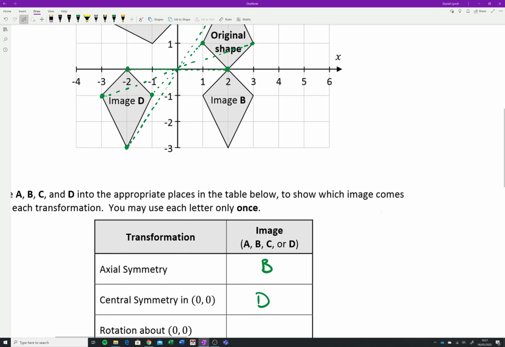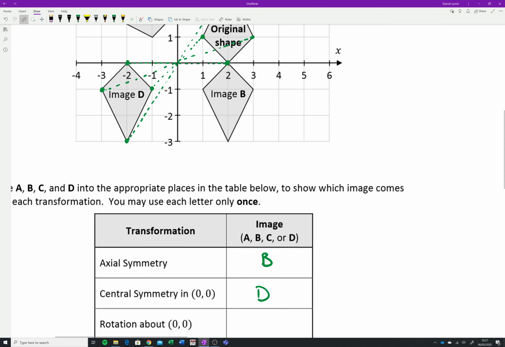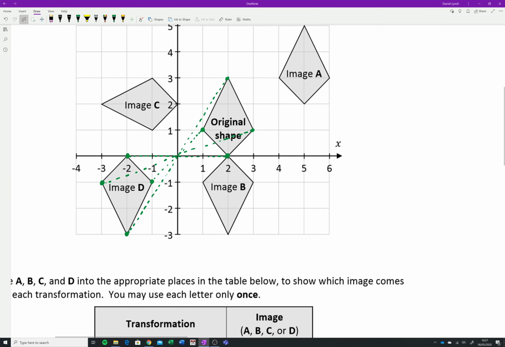Okay, rotation about the origin. In this case, it's kind of hard for me to explain this since I'm not on screen, so it's up to you to figure out what we mean by rotation through 0, 0.